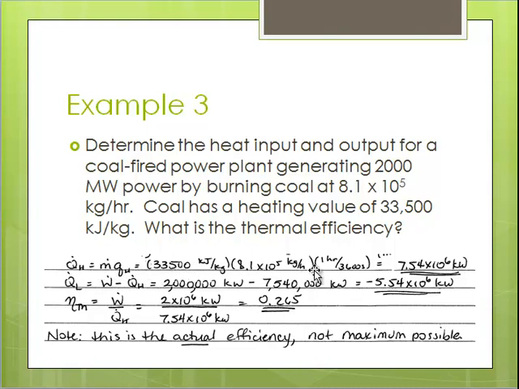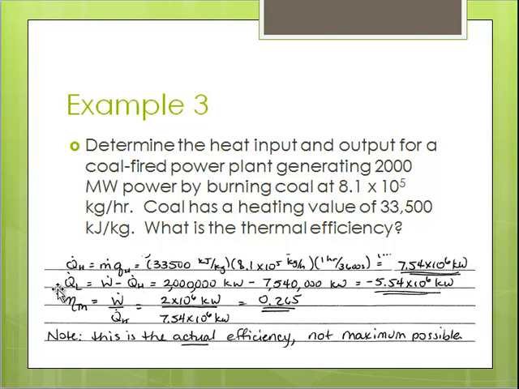So if we look at that, my heat transfer in is m dot times specific heat transfer, fixing the units here because it's per hour, so turn it into seconds. A kilojoule per second is a kilowatt. So I have 7.5 million kilowatts. I chose to do the entire problem in kilowatts, which means that if it's going to generate 2,000 megawatts, I need to convert that over to 2 million kilowatts, just trying to keep things on an even playing field, all the same units.